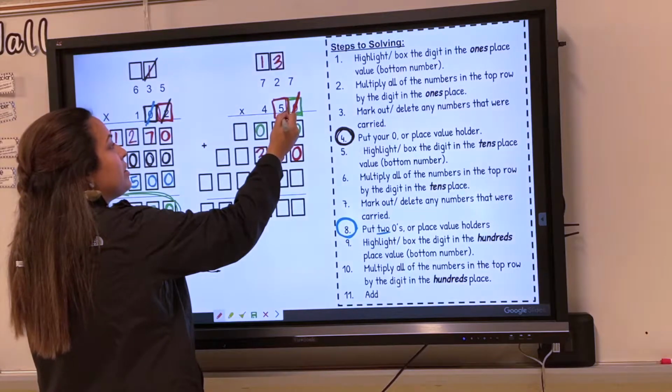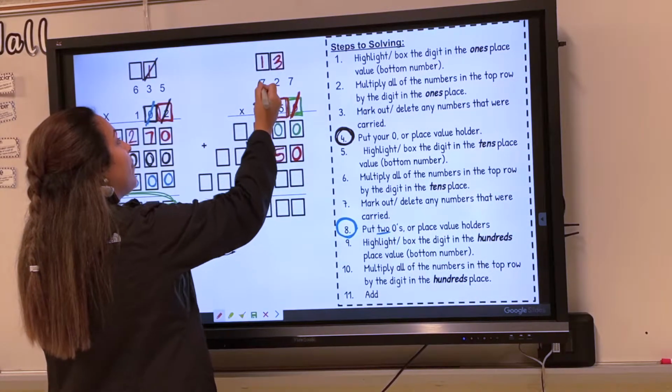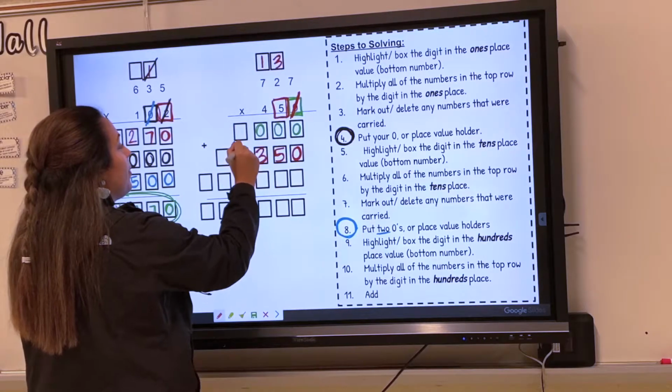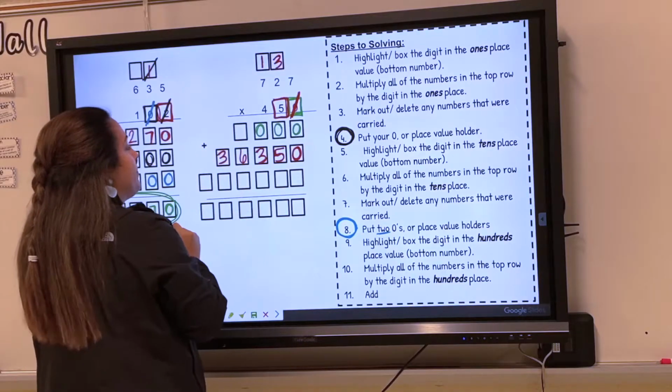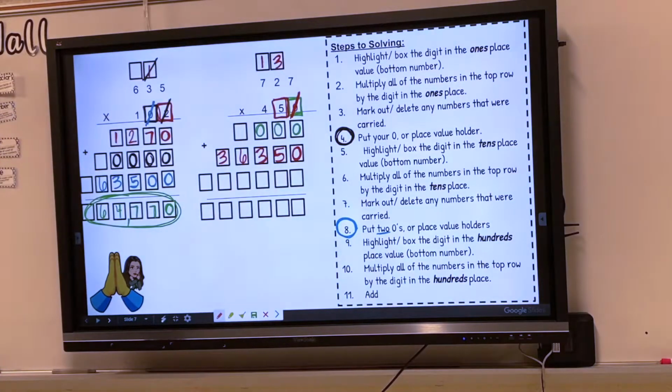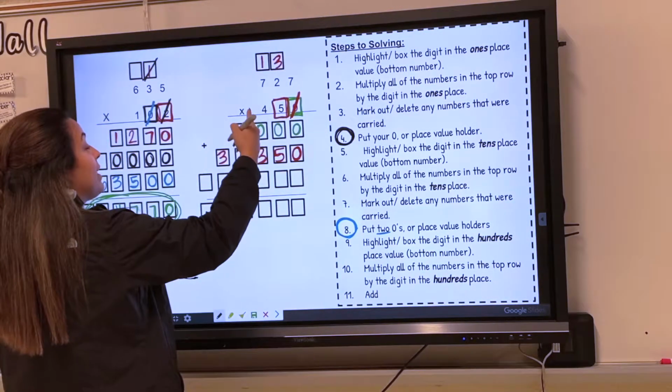7 times 5 is 35. But I still have a 1 up there. So 35 plus 1 is 36. I'll put my 6 and my 3 because I don't have to carry it. I'm done multiplying 727 by 5. So now I'm going to move on to the next number.